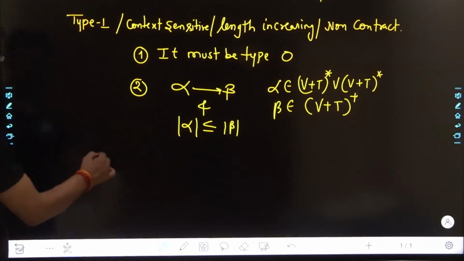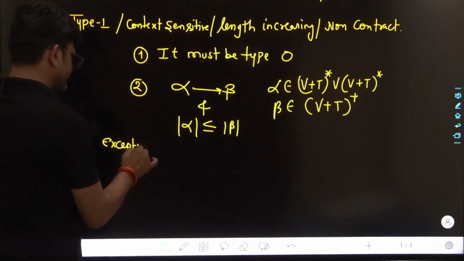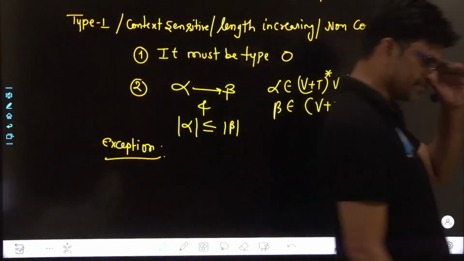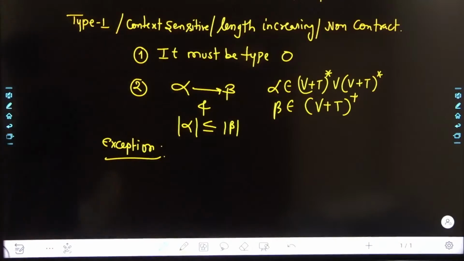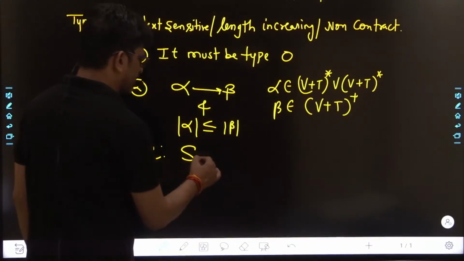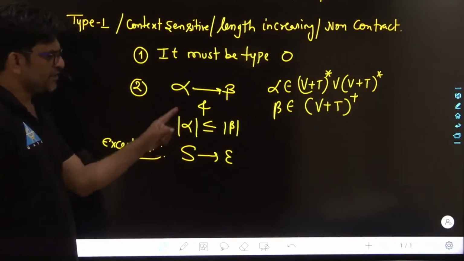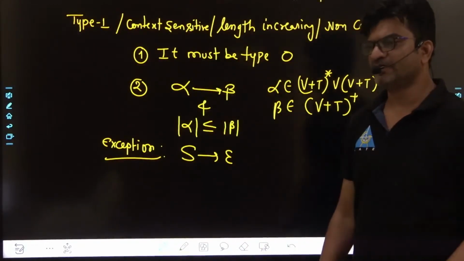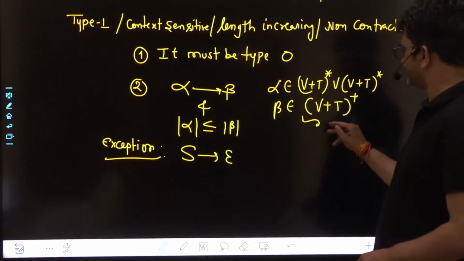There is some exception. To satisfy the norm of the Chomsky hierarchy, if epsilon is present in the language, then it is derived only by the starting symbol, and S does not appear anywhere in the right hand side. Please listen carefully. Because in beta we don't consider epsilon.